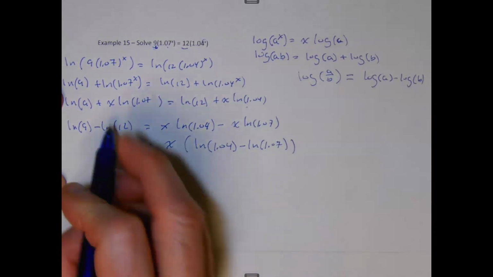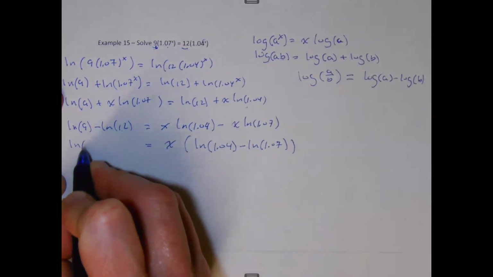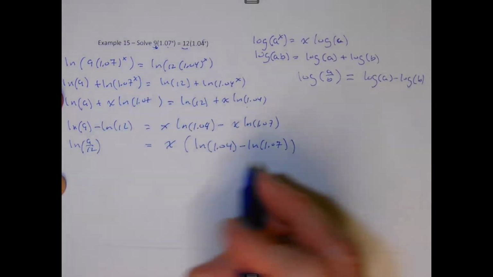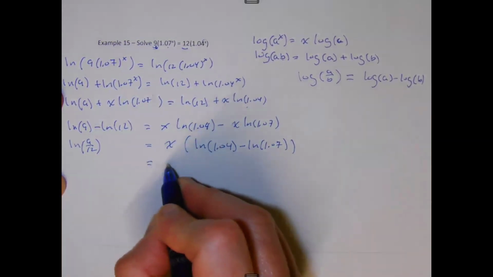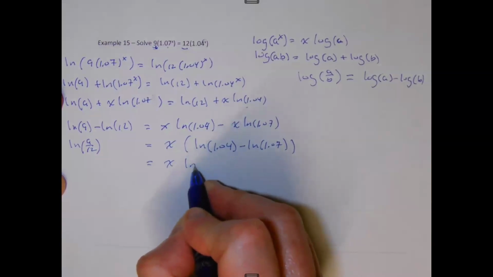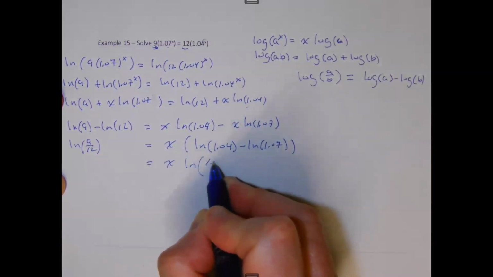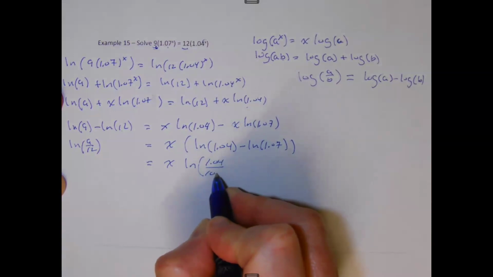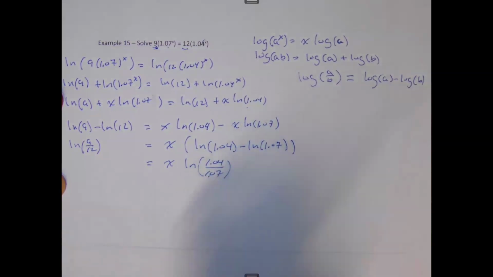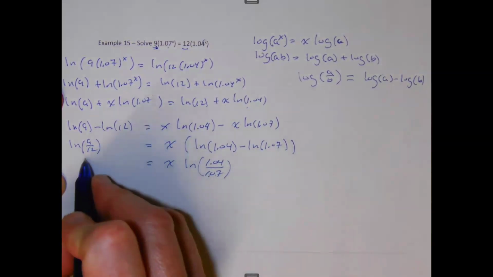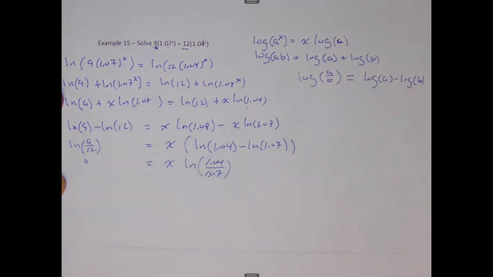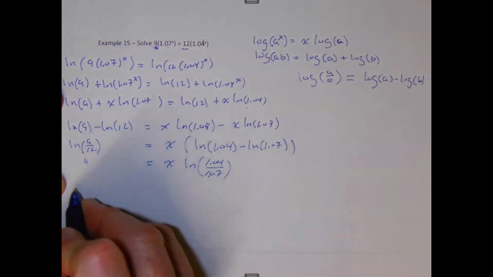So then I can come over here and write this as natural log of 9 divided by 12. And here I can do the same thing. I'll do it just to clean this up a little bit. I cannot really reduce that any further, not in my head. But then I'll divide both sides by this natural log of 104 over 107.